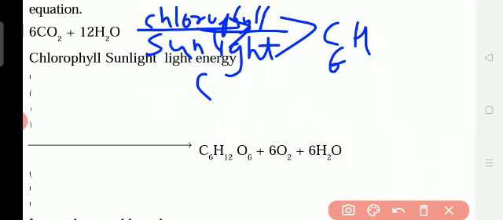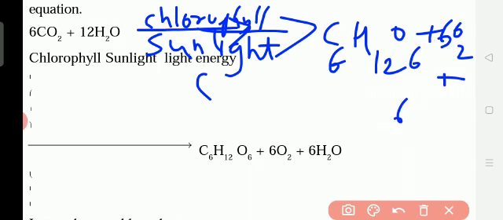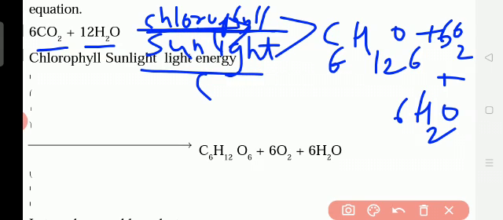See your textbook, page 116. 6CO2 plus 12H2O. Okay, so in the presence of chlorophyll and sunlight, the plant prepares the food with the help of carbon dioxide and water.